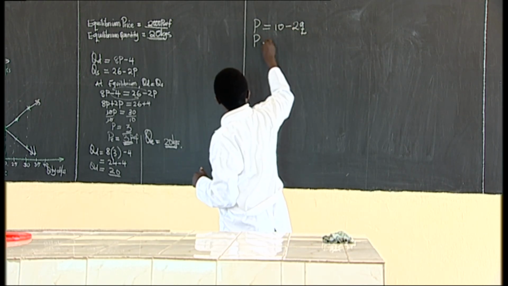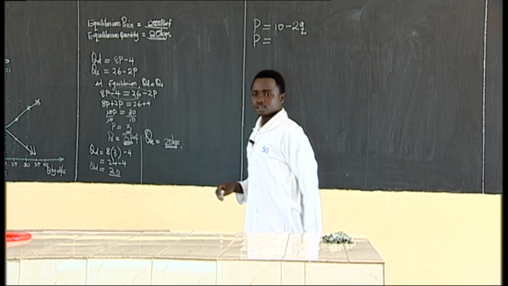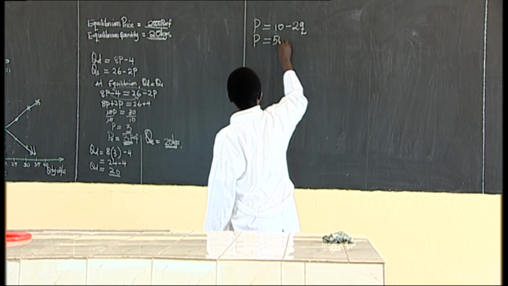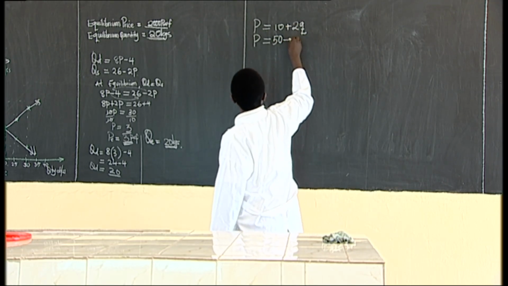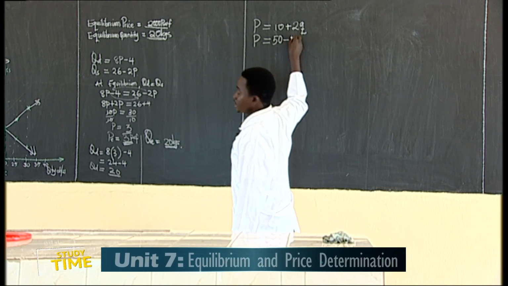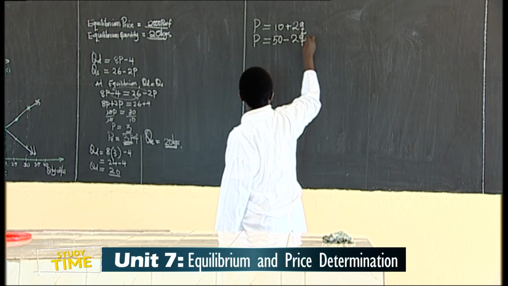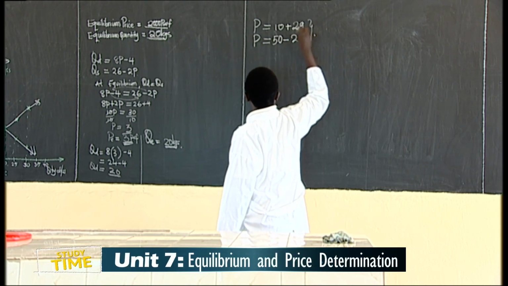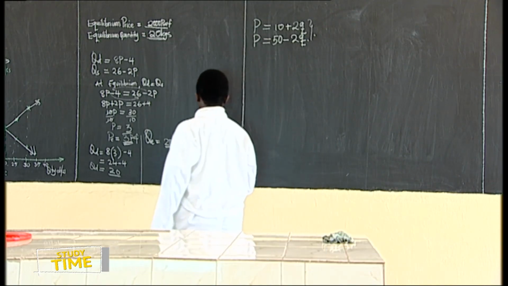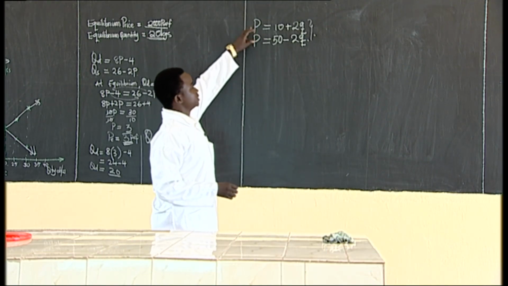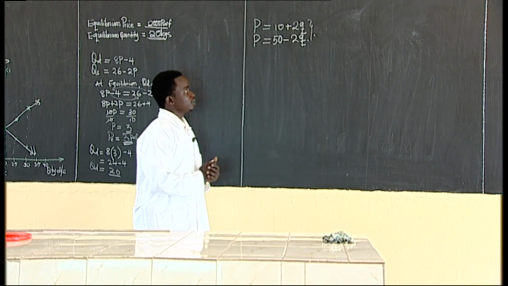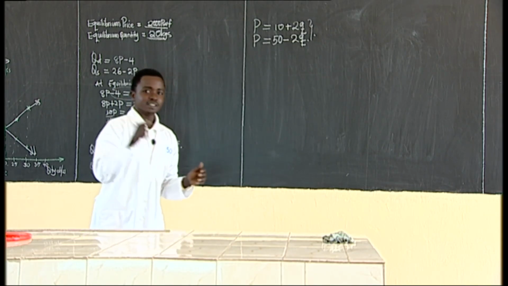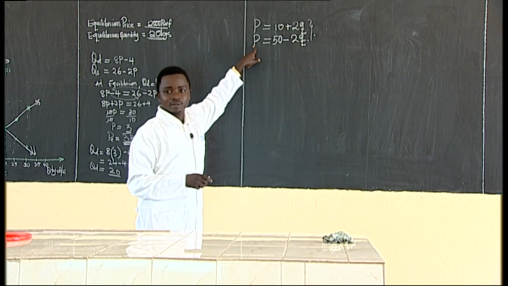Then again we have P, these are our two linear equations, which is equal to 50 minus 2Q. So these are our two equations now, which have been given in terms of price. So let's try now to solve them. We determine our equilibrium price and our equilibrium quantity.